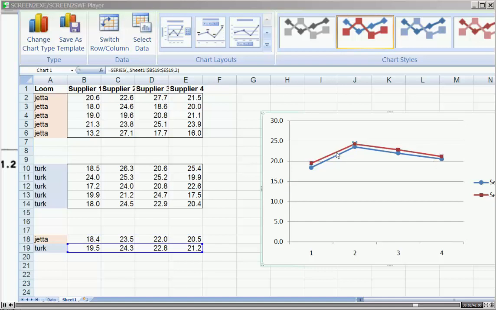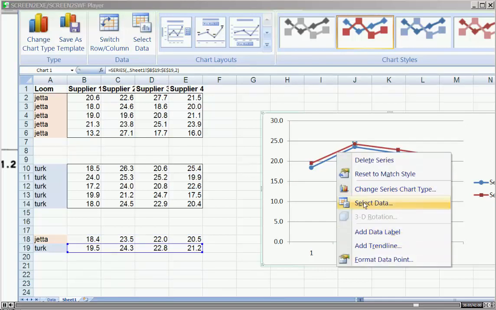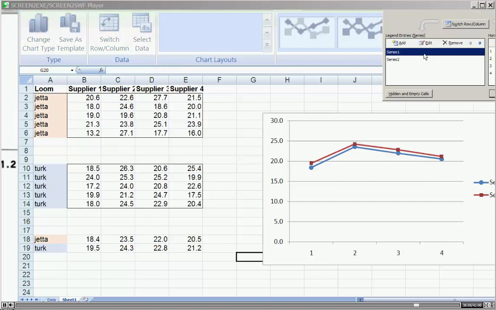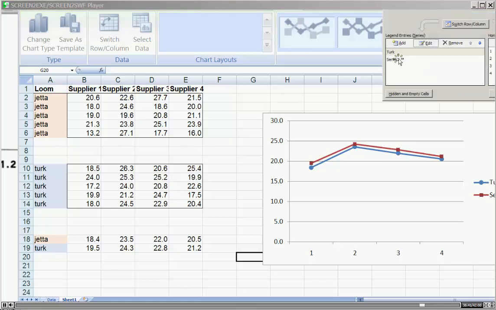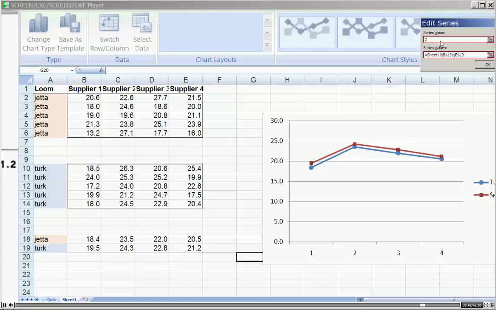And the greater strength was shown, slightly greater was on the Turk. And this was Jetta.